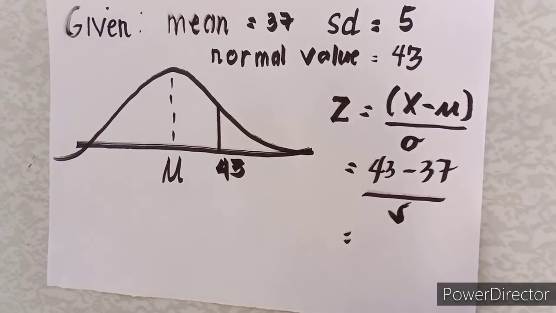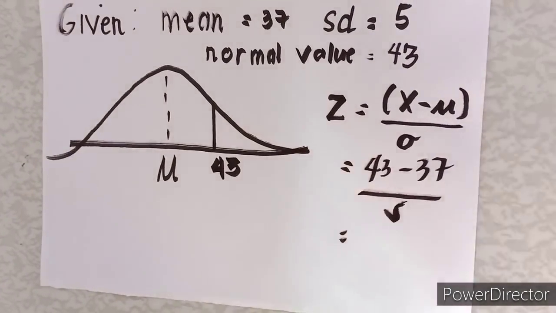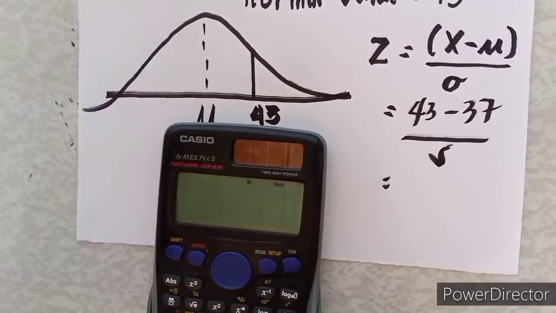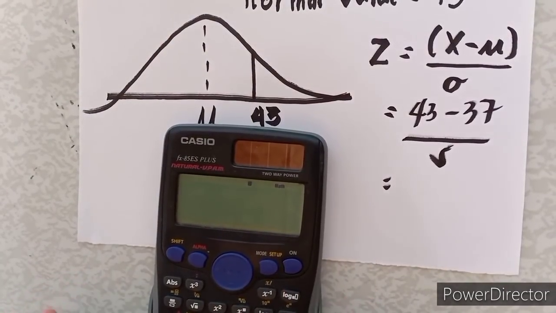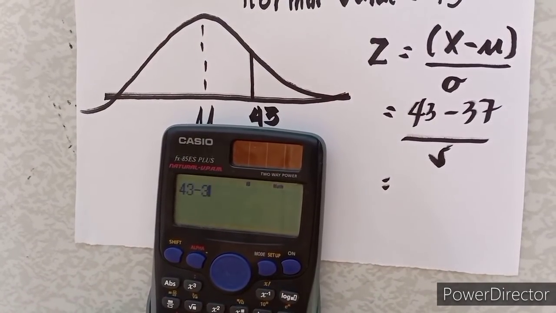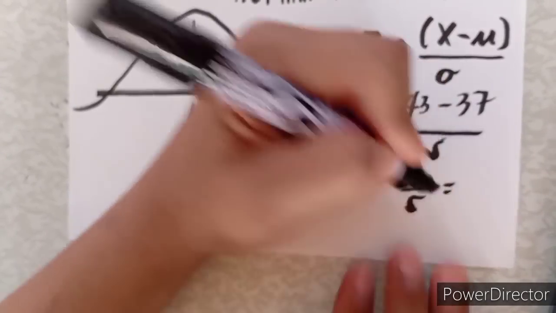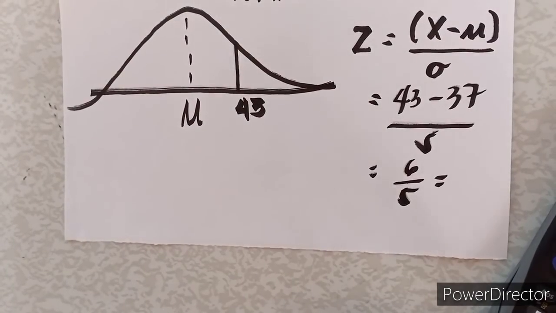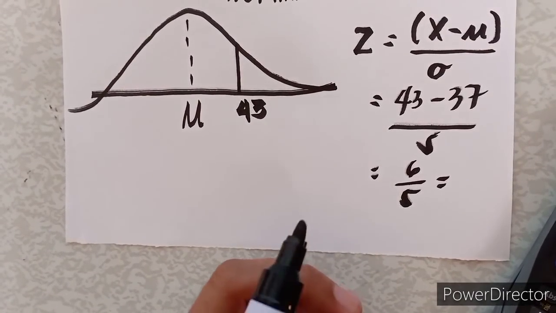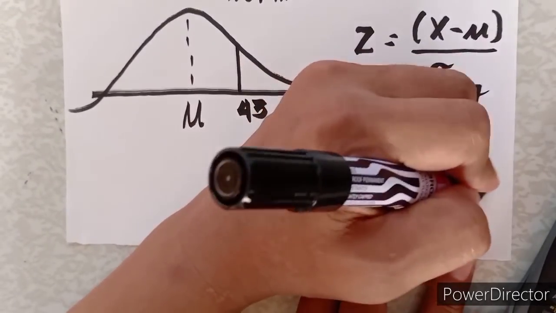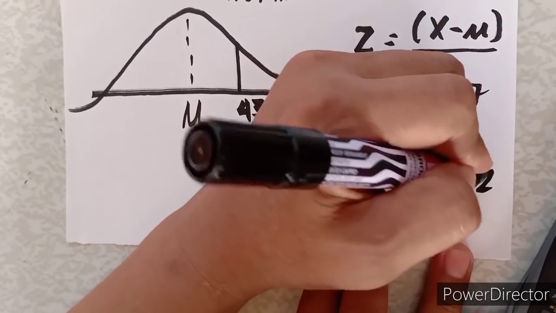Using our calculator, we have now 43 minus 37, that is equal to 6. 6 all over 5, that is equal to 6 divided by 5, that is equal to 1.2. Anong kinalaman ni 1.2?